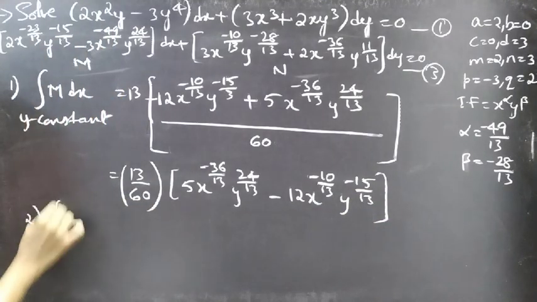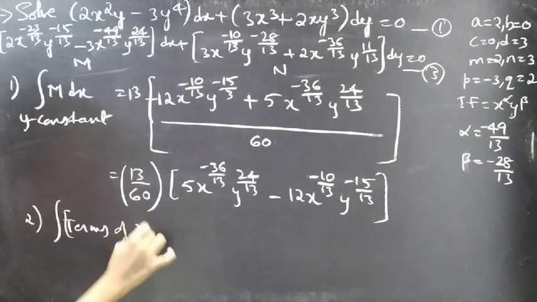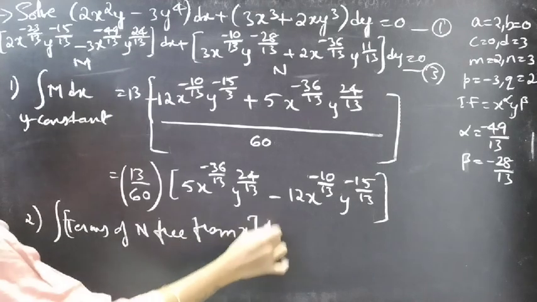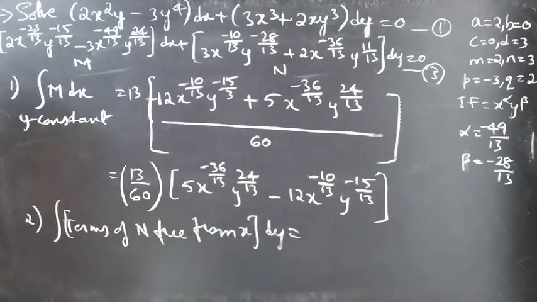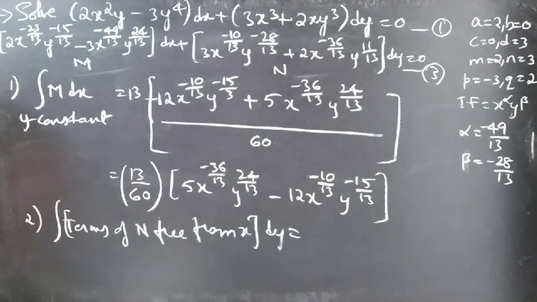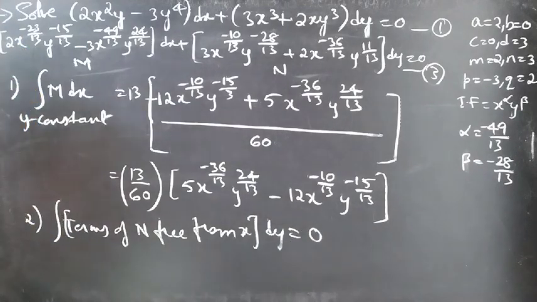Now coming to the second integral, the terms of n free from x into dy. Since you don't have any such term in n which is free from x, the integral of the terms of n free from x into dy is 0.